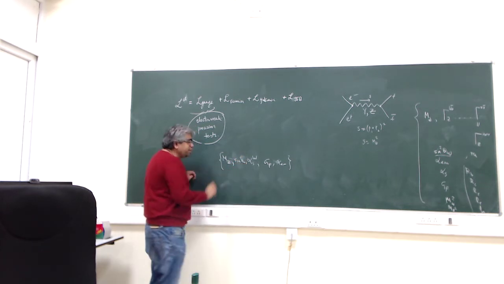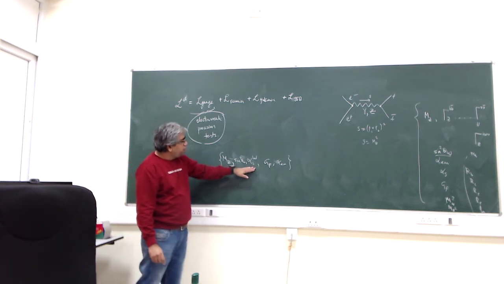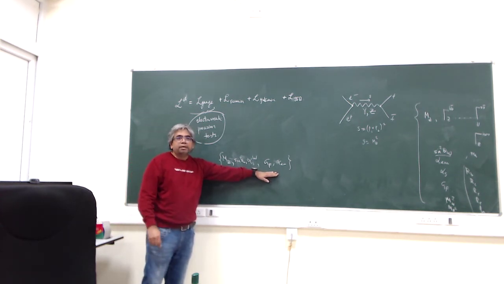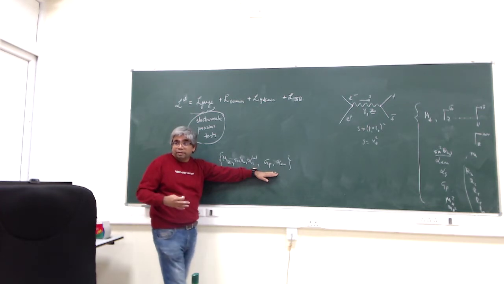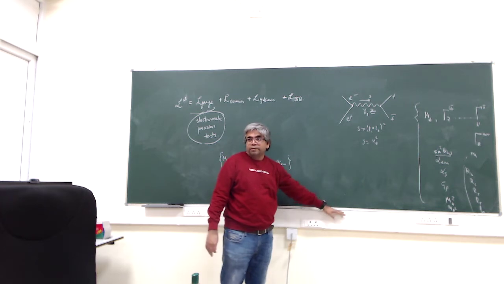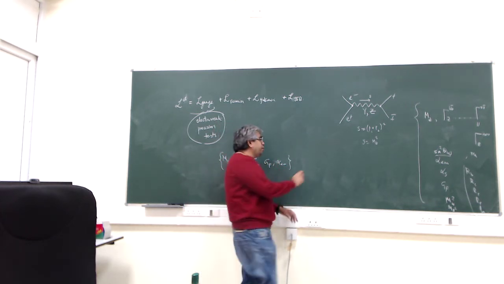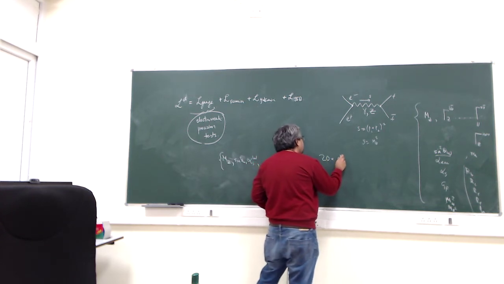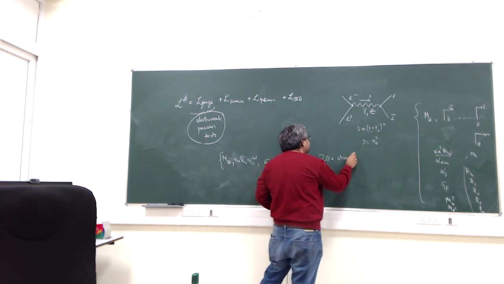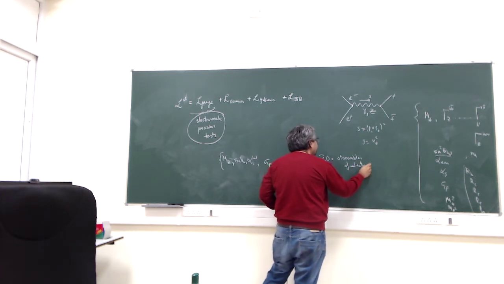There are some discrepancies. So these 1, 2, 3, 4, 5 parameters will overfit some 20 odd observables, 20 plus observables of the electroweak precision.